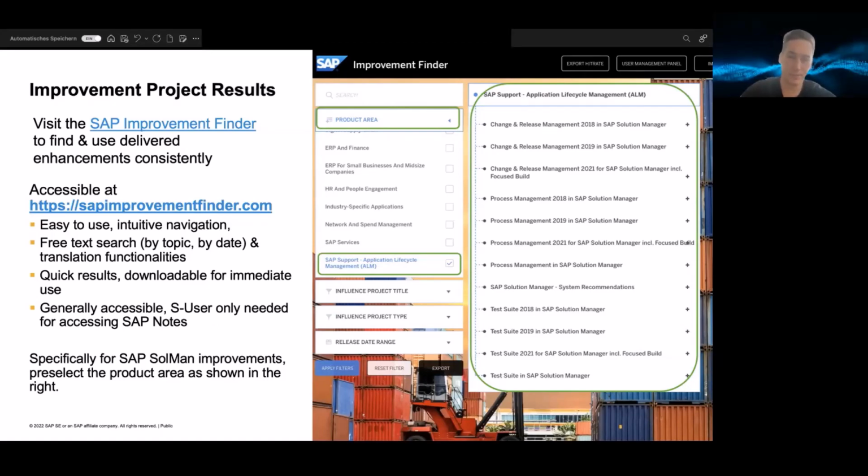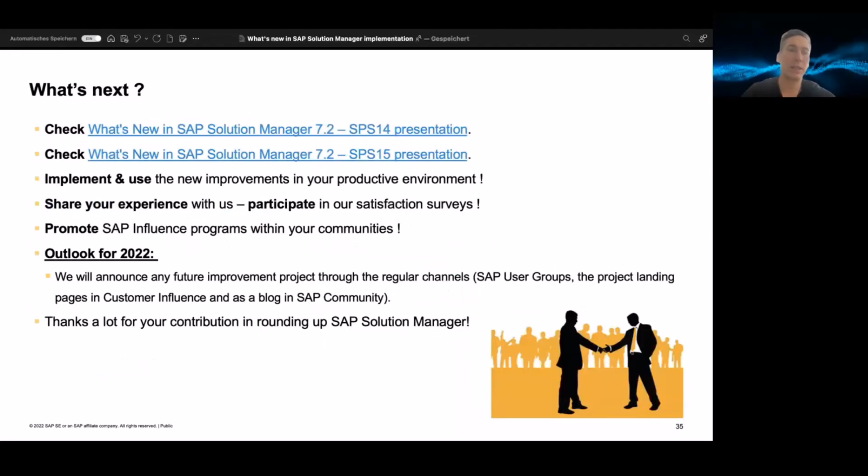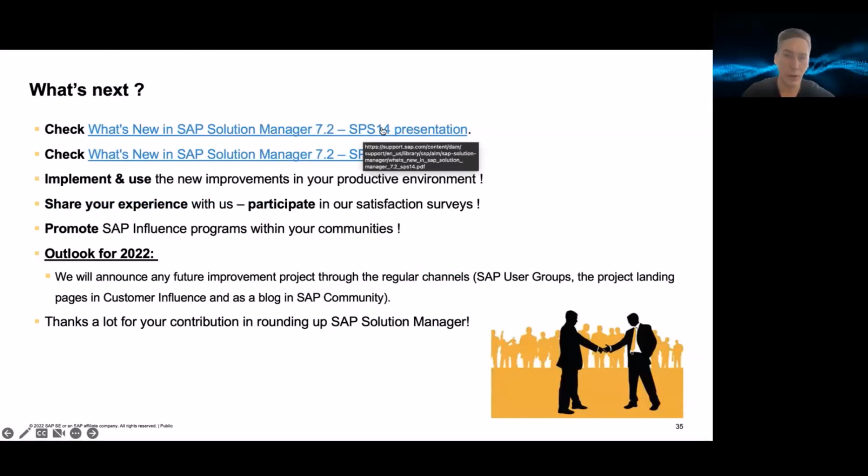However, we also have some What's New presentations from the Solution Manager side for SP14 and SP15. A lot of Customer Connect requests flowed into SP14 and SP15, so you can check out these presentations with more details about the dedicated features.